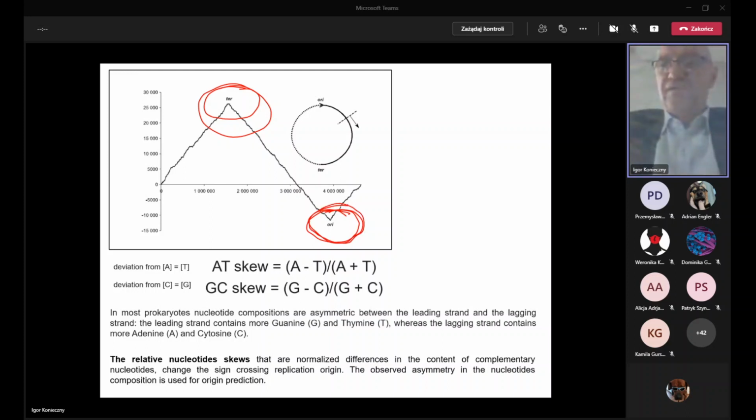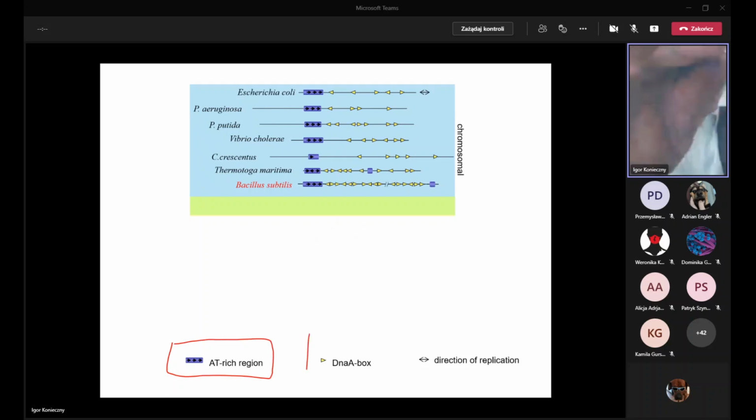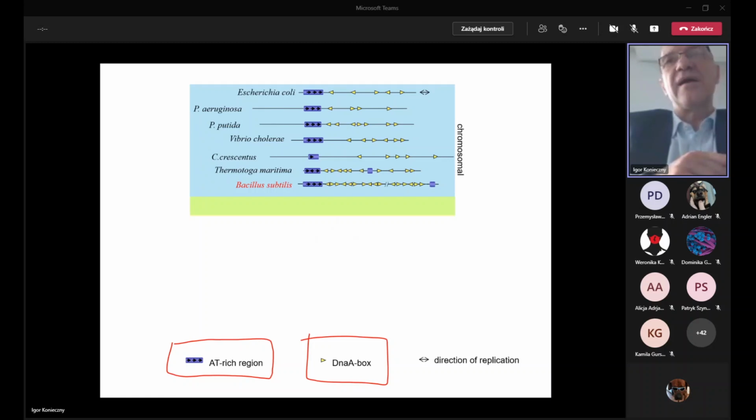Okay, so this is one of the features. So what other features can you identify to identify the position of replication origin in bacteria? Well, these are AT-rich regions and DNA boxes. AT-rich regions are regions which have higher than average contents of A's and T's.